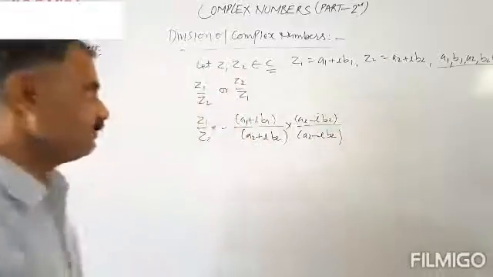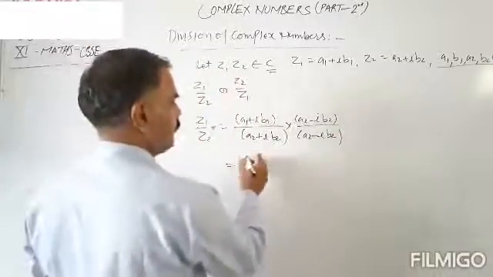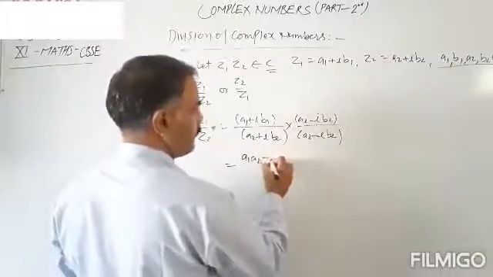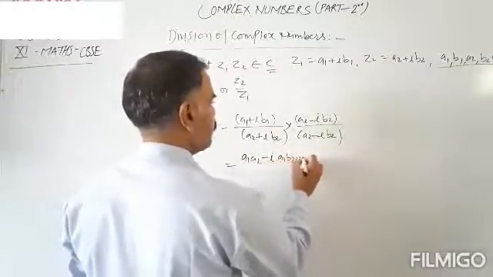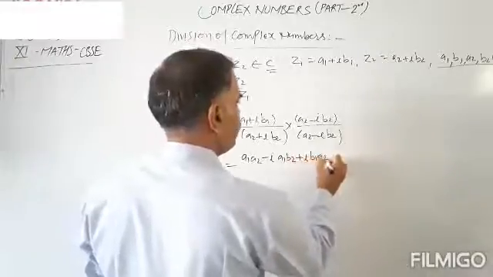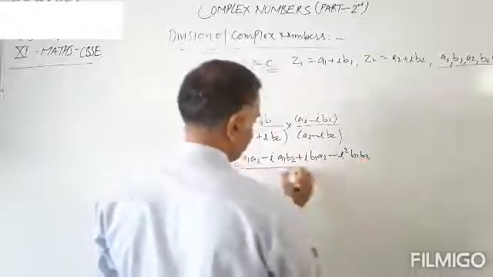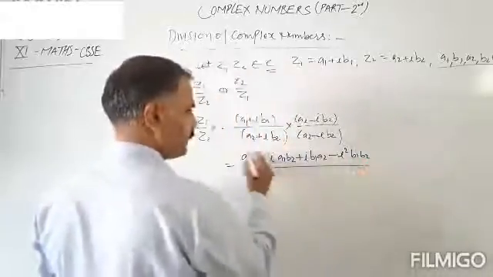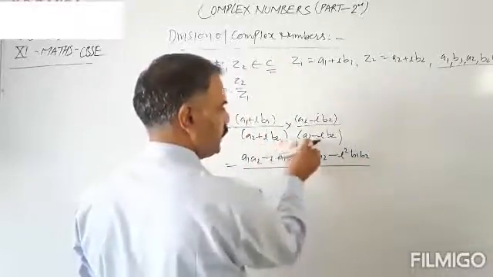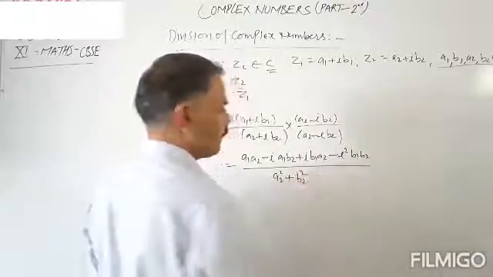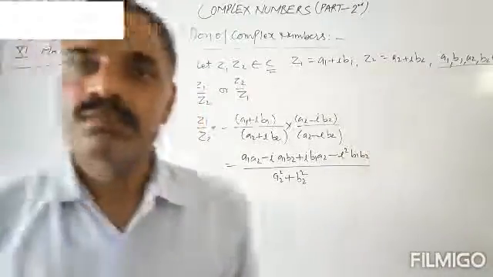Multiplying by this, we will have a1 a2 minus iota a1 b2 plus iota b1 a2 minus iota square b1 b2, divided by, after multiplying a2 plus iota b2 and a2 minus iota b2, a2 square plus b2 square.